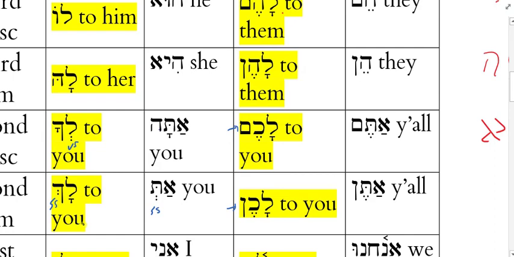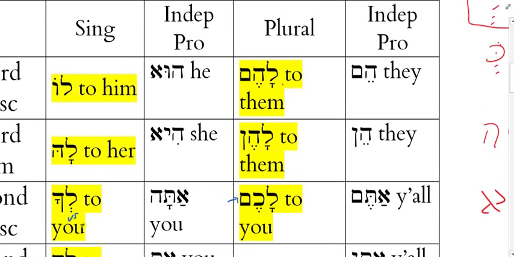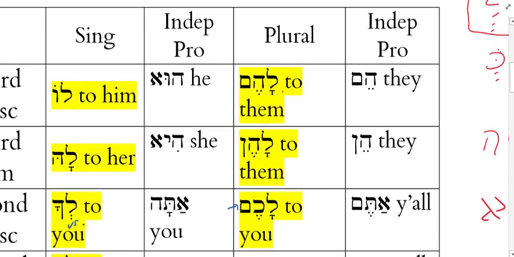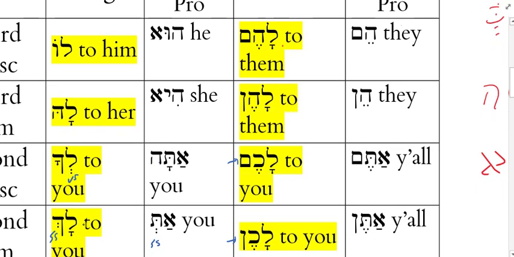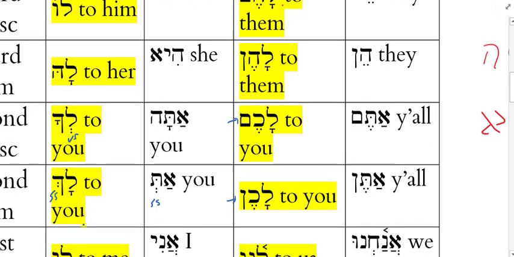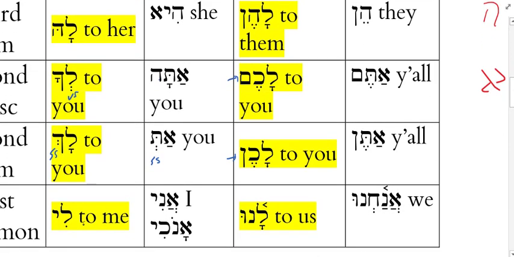Now on the plural side, it's, everybody, lahem, lahen, lachem, lachen. Which syllable are we stressing? The second and final. There's two syllables in all these forms, right? Now we get to the last one, and it's not lanu, but lanu.